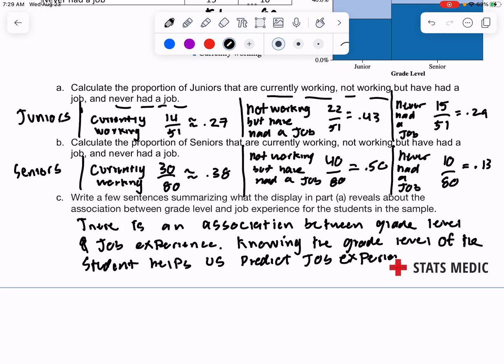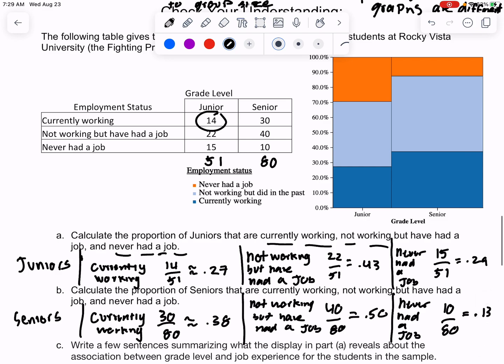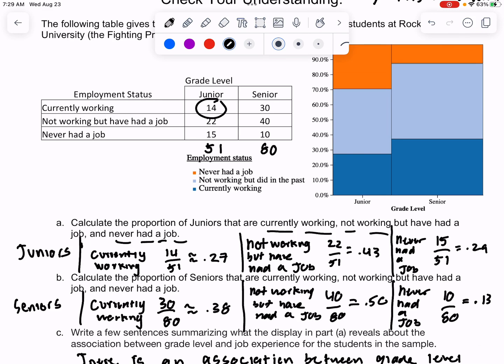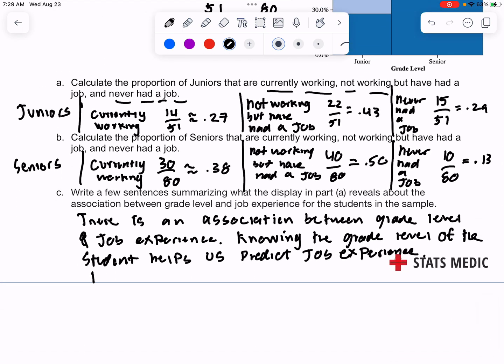Okay. Let's do an example. For example, seniors are much more likely to be currently working than juniors, right?